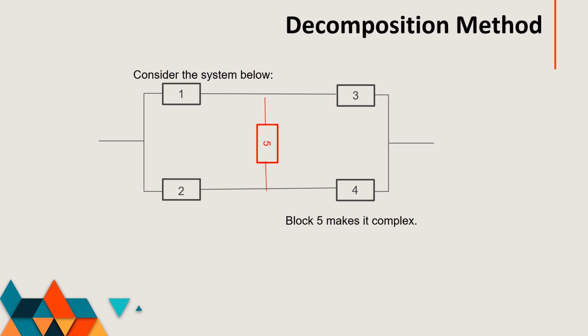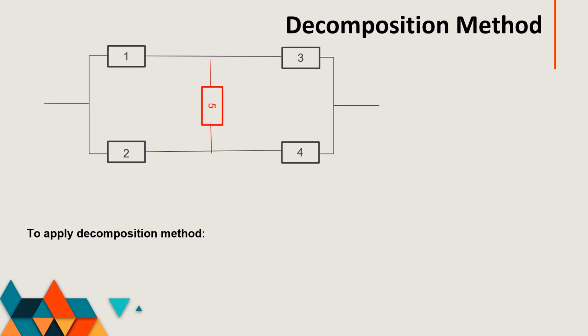We looked last time at how we could do this with minimal path sets and also with the method of minimal cut sets. But today we'll be looking at how to use the decomposition method to solve this, and you will verify that we get the same thing.